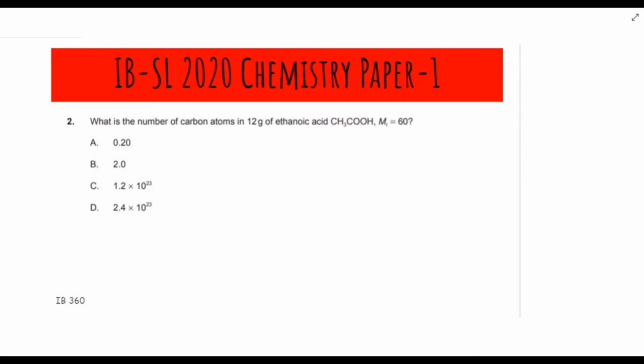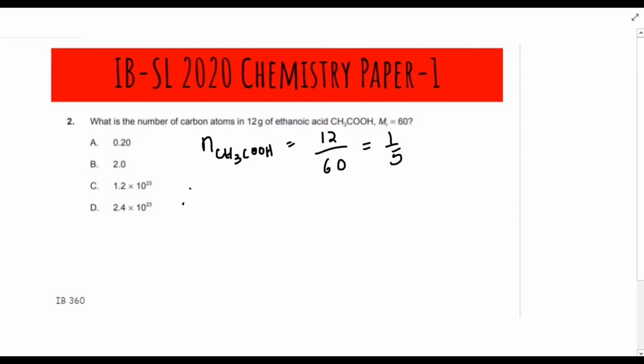Now in this next question, we need to find out the number of carbon atoms in 12 grams of ethanoic acid. Firstly, we need to find the moles of ethanoic acid. n of CH3COOH would be our given mass divided by the molar mass. That is basically 1 by 5.